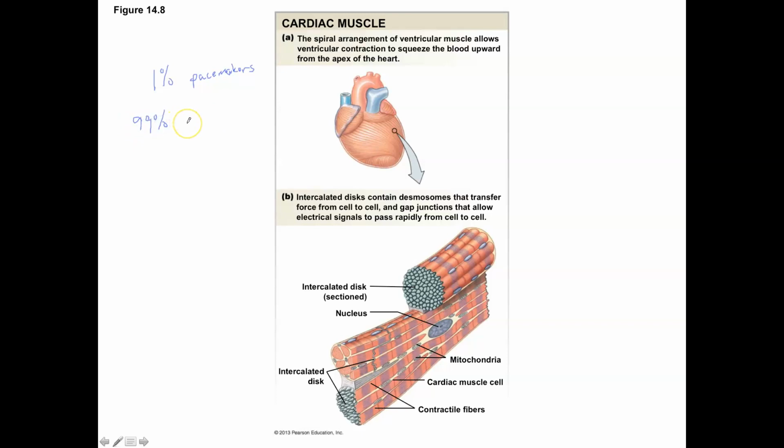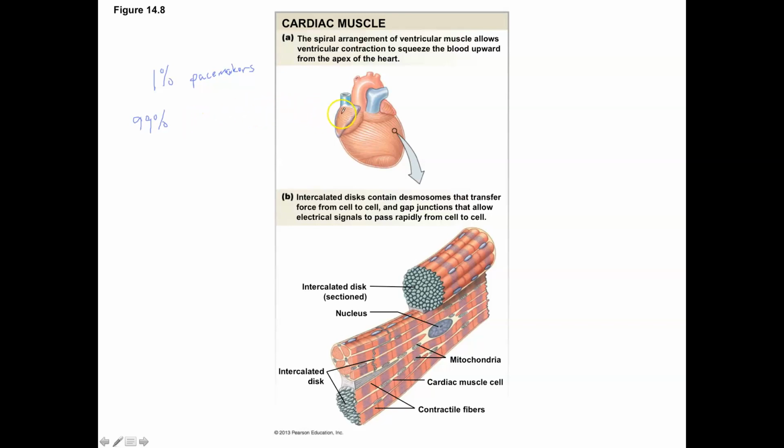Now, of course, that's not to say that the cardiac muscle can't be influenced by the nervous system. It actually turns out that the autonomic nervous system, your sympathetic and parasympathetic branches, can influence the rate of your heart. But predominantly, the rhythm of the heart is put in motion by these 1% of cardiac muscle cells that we refer to as the autorhythmic cells or pacemaker cells.